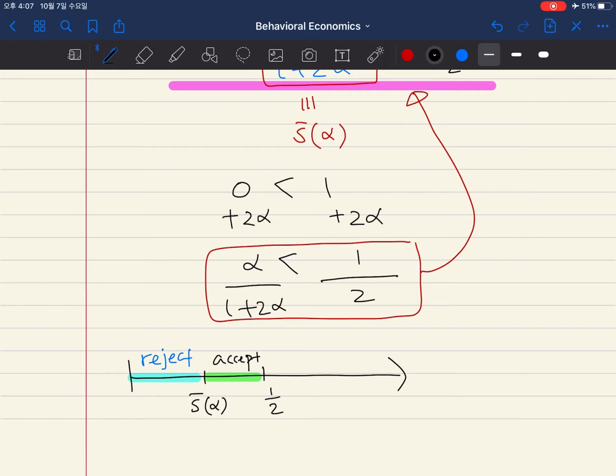As we can see here, we can explain why responders in our ultimatum game experiment often reject some positive offer. As we saw before, traditional theory cannot explain why responder rejects some positive amount of offer, but if we use the FS model, we can explain why responder may reject some positive amount of offer.